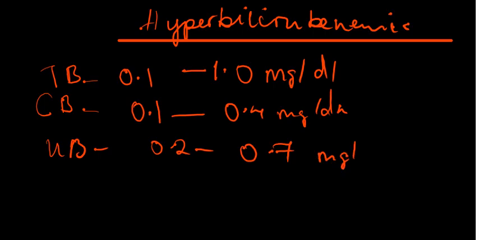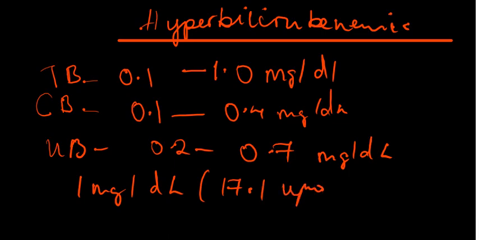So hyperbilirubinemia is where the bilirubin in blood exceeds 1 milligram per deciliter, which is equivalent to 17.1 micromoles per liter. Alright, so whenever it's above 1 milligram, that is hyperbilirubinemia. So this is the total.